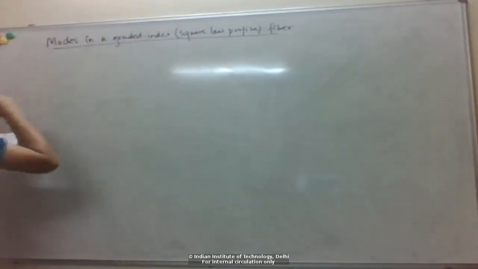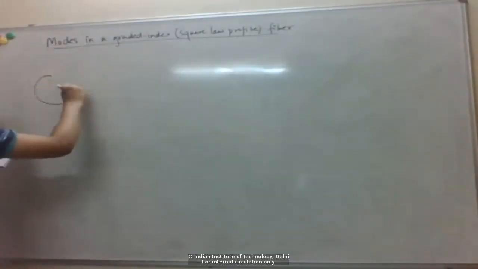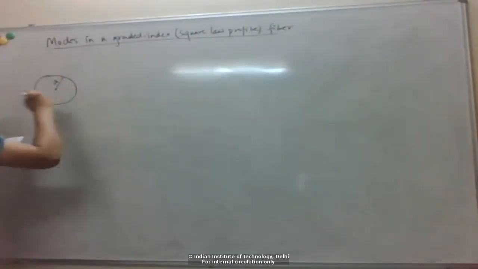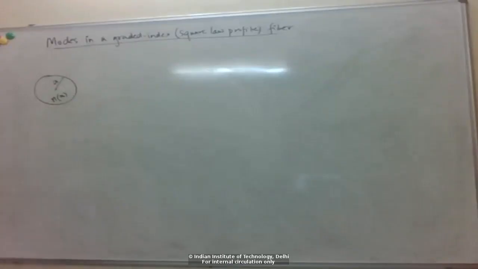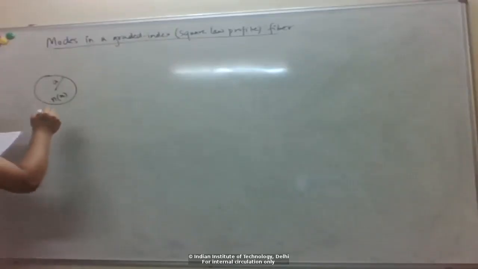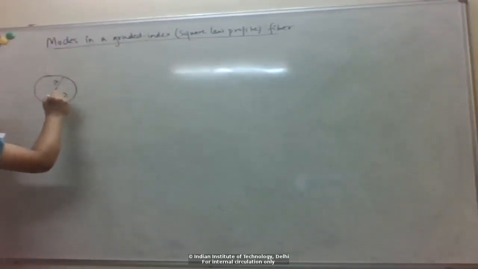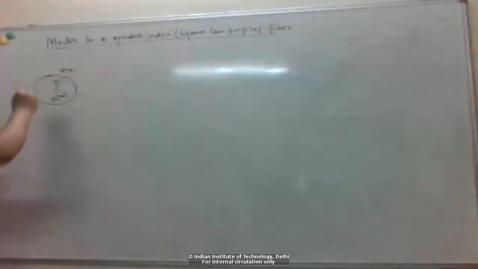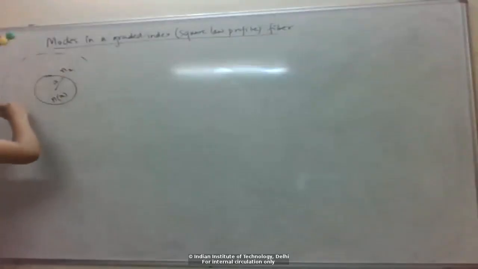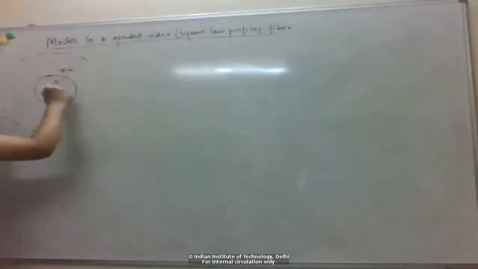Right, so basically now the refractive index in the core is some function of position, right? And there is some cladding outside.